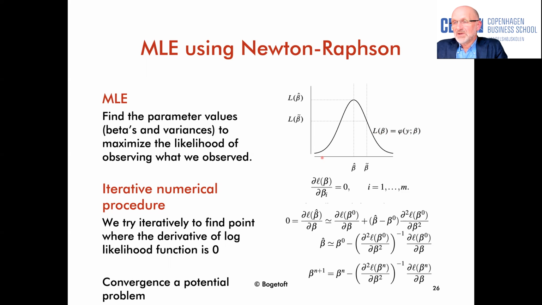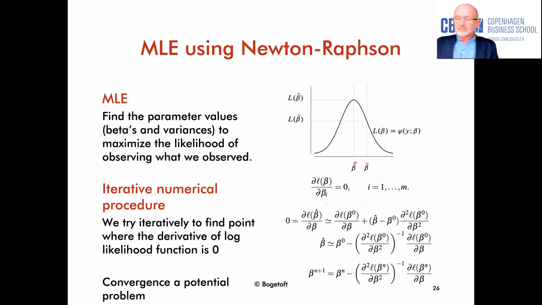If beta is here, there's very little chance, the probability of generating my data is low. If it's here, it's a little bit higher. So you're looking at this function, the likelihood function, and you say, okay, here it's really high to observe what we have observed. So I'm going to guess that the parameters, which I'll never observe, are this beta hat.